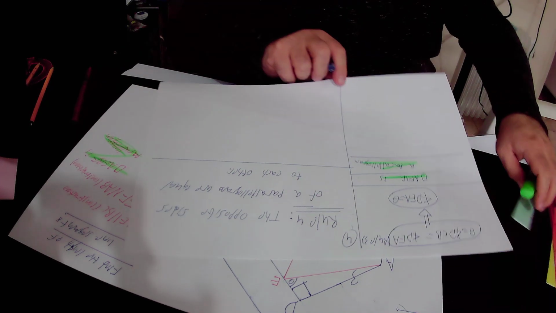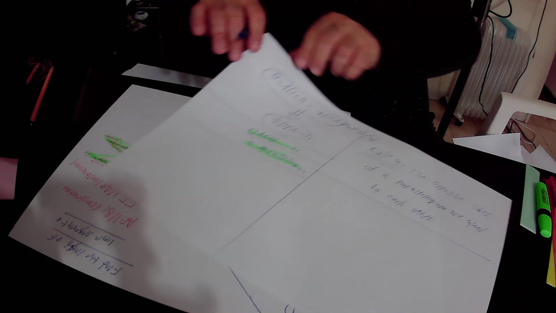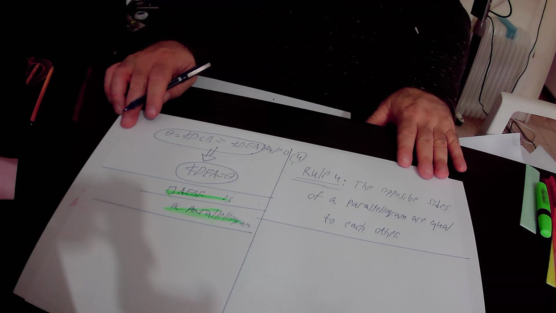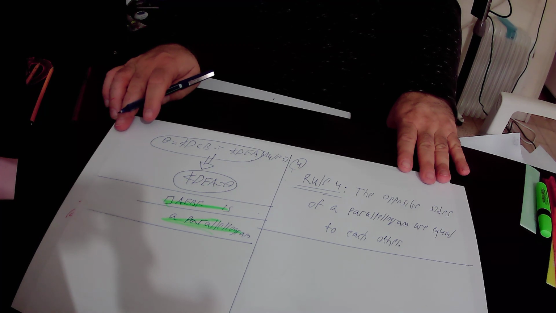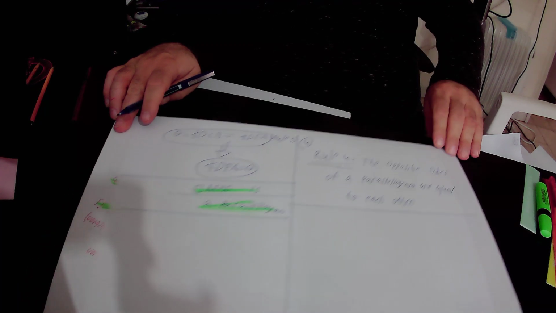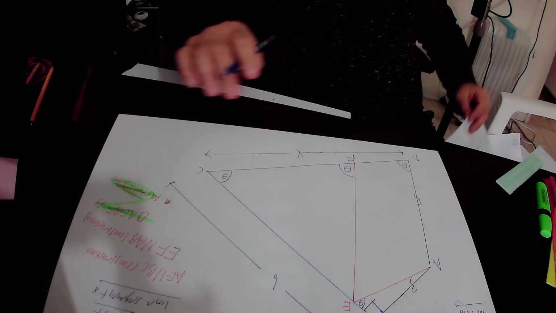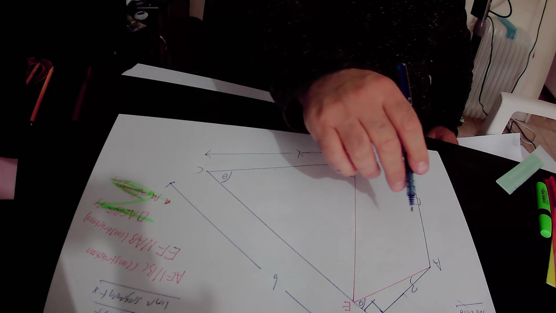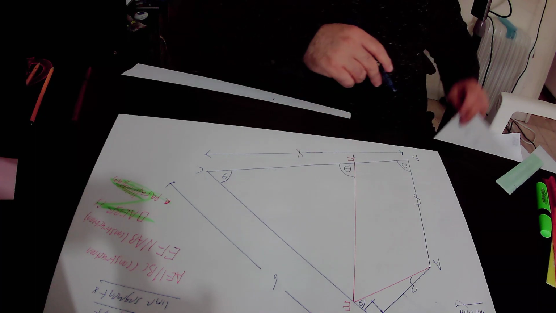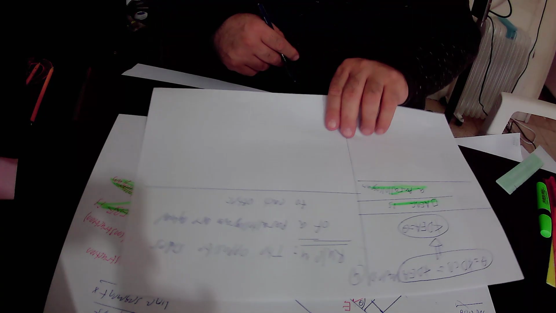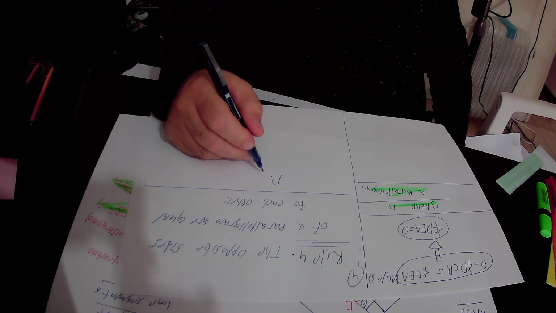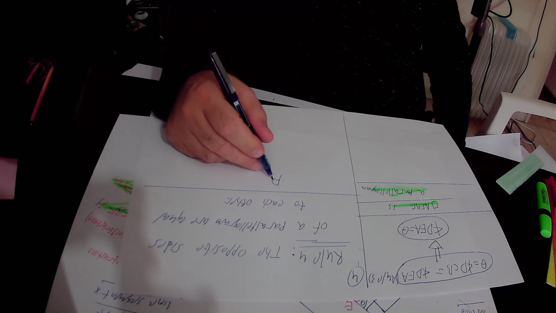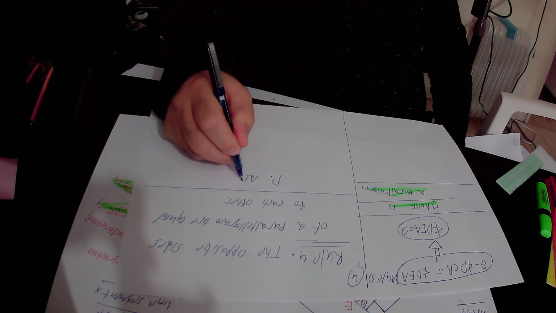I'll repeat again on rule number 4. According to rule number 4, the opposite sides of a parallelogram are equal to each other. So if we focus on parallelogram AEBF, here P is an abbreviation for parallelogram AEBF.